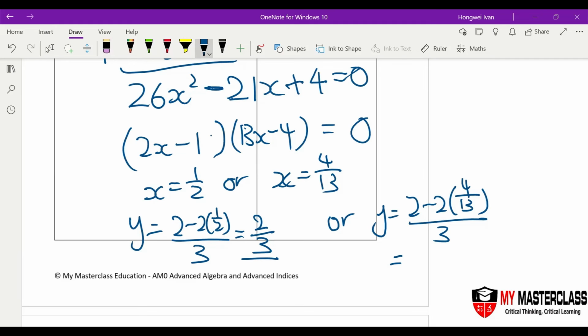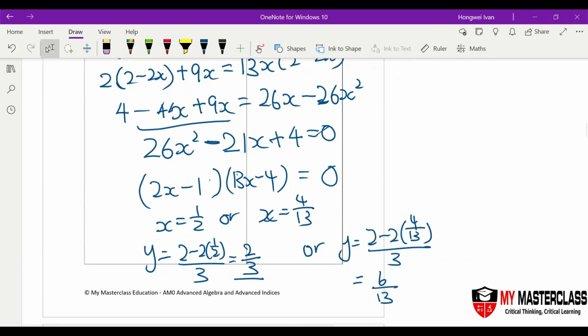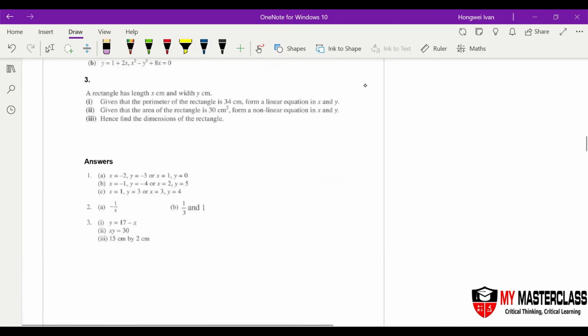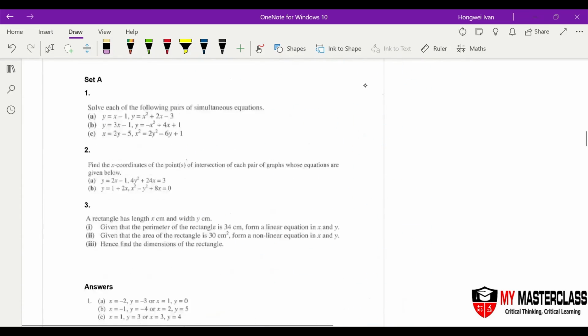Answer 6 over 13. Okay. Children done? Yeah, children, when you're done, let's just put it okay. All right. Practices, no need because this one is fine.